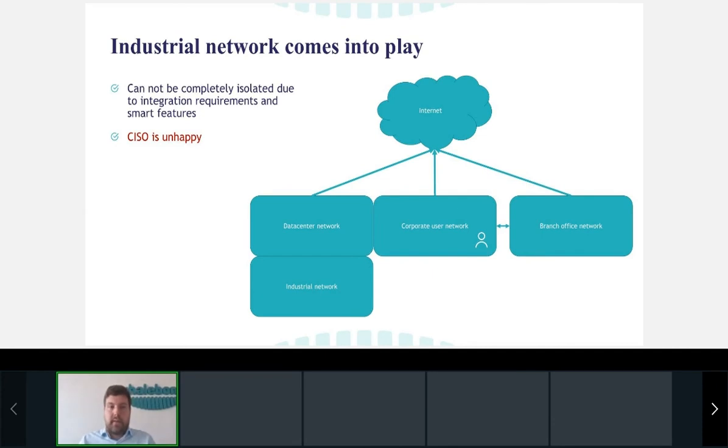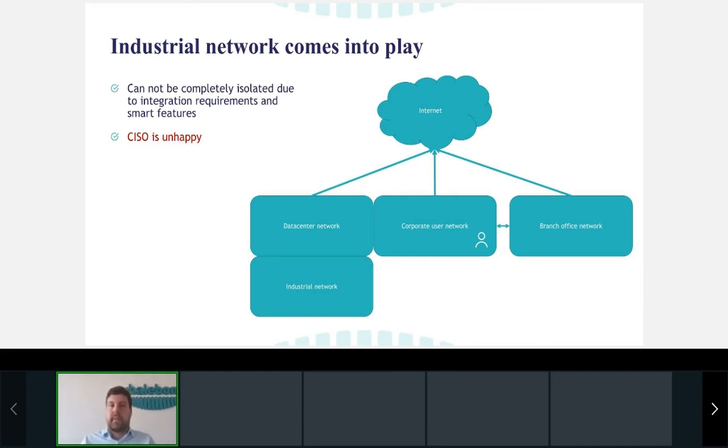They need to be connected to get all the smart features and the integration, reporting, and automation. So this is something that gives the CISO quite some headache. There are a lot of things to be analyzed, and there are a lot of motivations that go against each other. So the security officer would like to have it as strict and as isolated as possible.